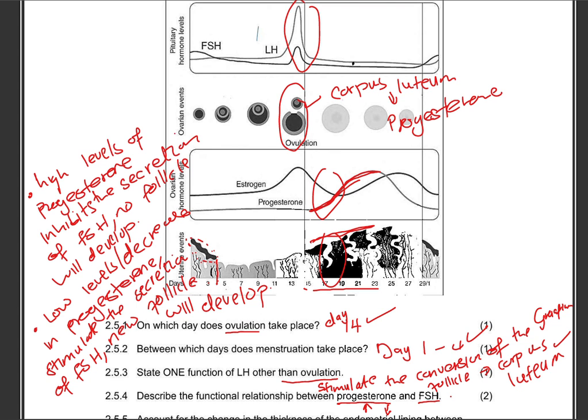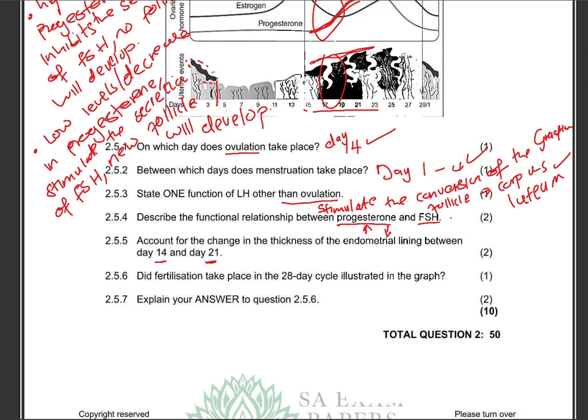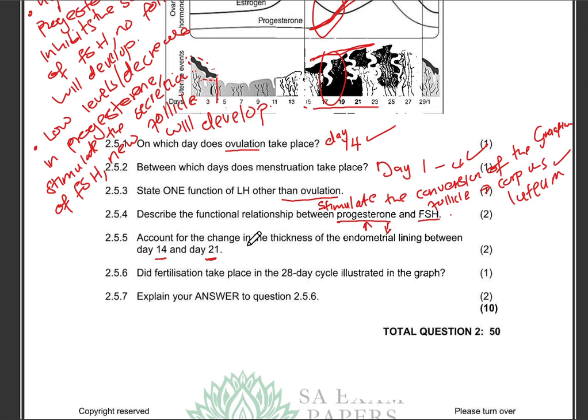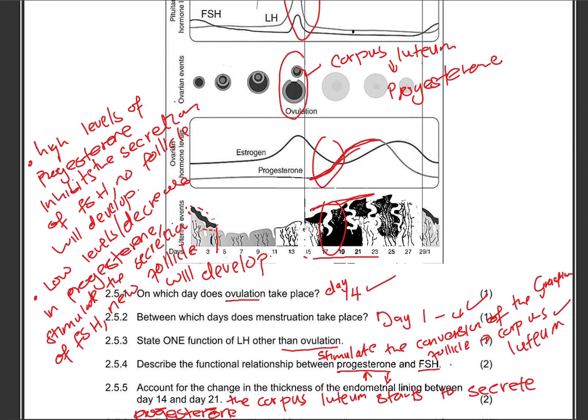All right, now let's write it down. The corpus luteum starts to secrete progesterone, which continues to thicken the endometrium. I always have to check the spelling of progesterone.